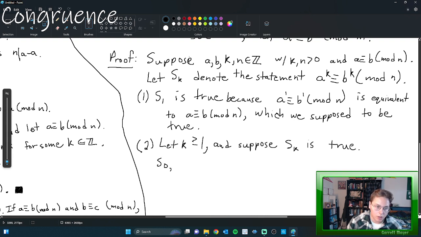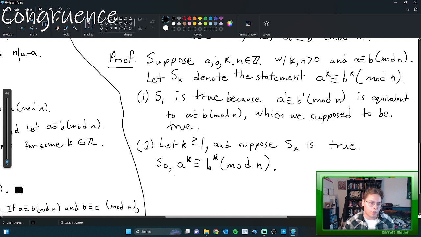So A to the K is congruent to B to the K mod N. And what we need to do is show from this that SK plus 1 is true. We need to show that SK implies that SK plus 1 is true. This is like climbing up to that next rung of the ladder, basically, if you remember from my other video when I explained how mathematical induction works.